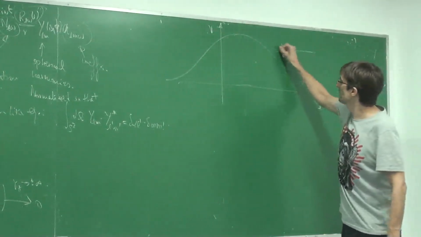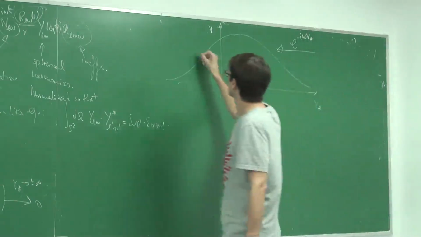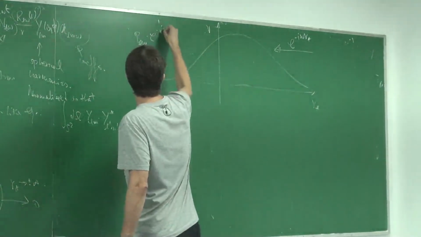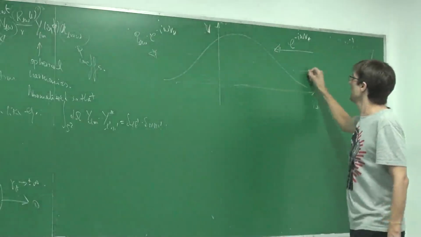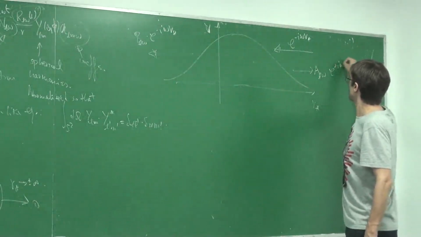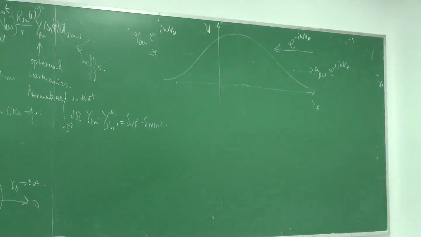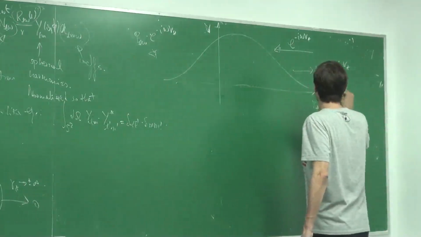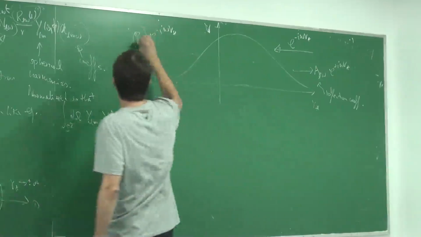You've got some wave coming in from infinity, part of the wave goes through with a transmission coefficient given by B, and part of the wave is reflected back with a reflection coefficient. So this is a reflection coefficient, and this is the transmission coefficient.